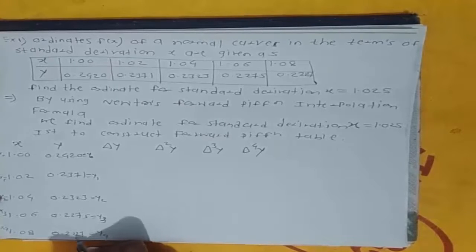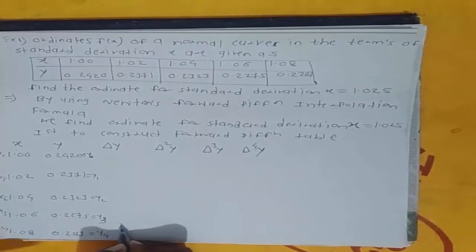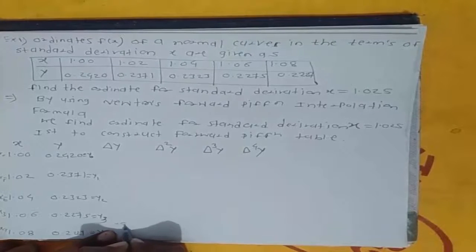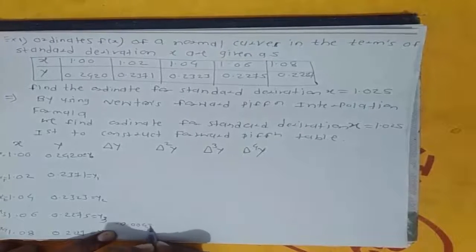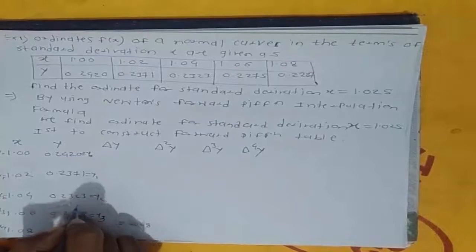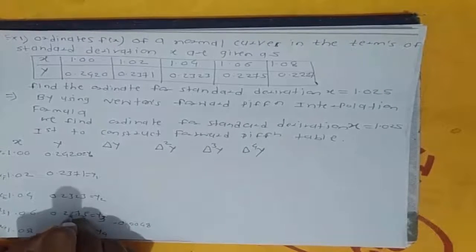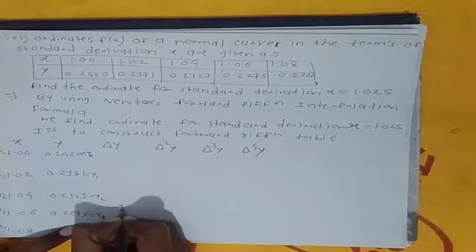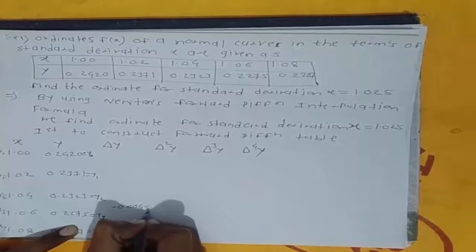If we find 0.2227 minus 0.2275, then we get this difference, which is equal to minus 0.0048. Okay, again if we take the difference of these two, this minus this, we get again minus 0.0048.